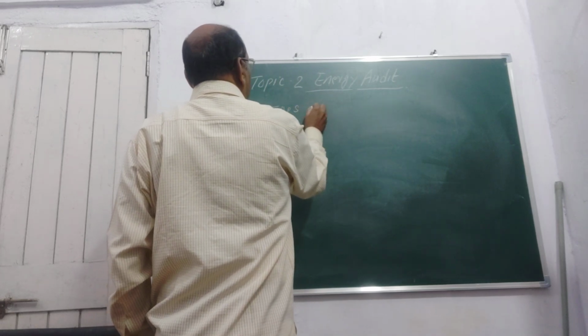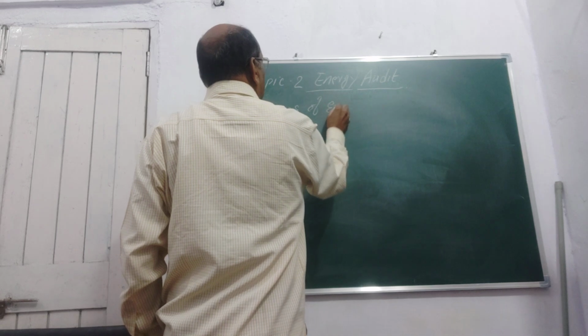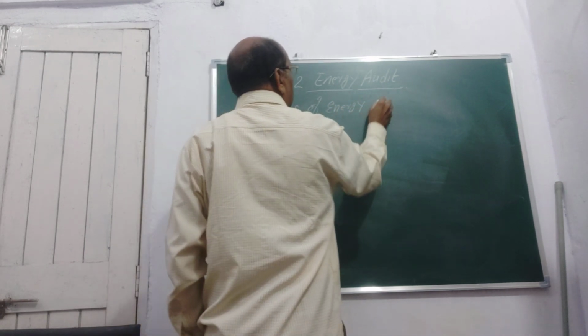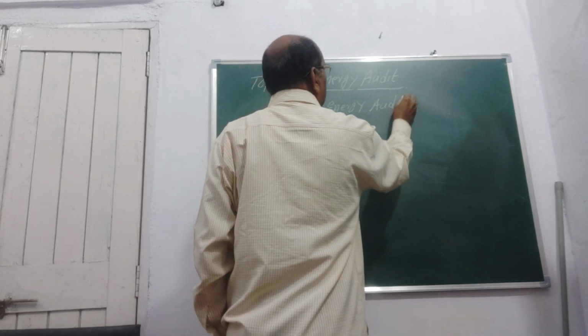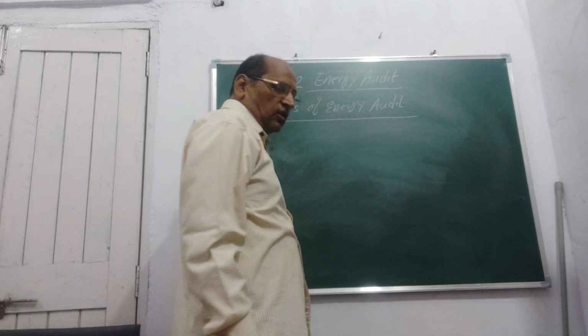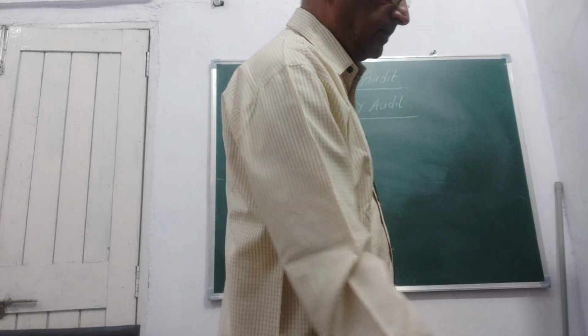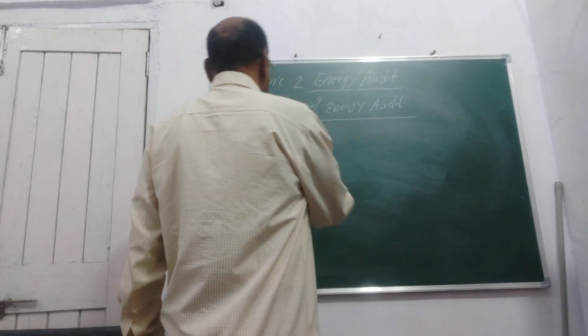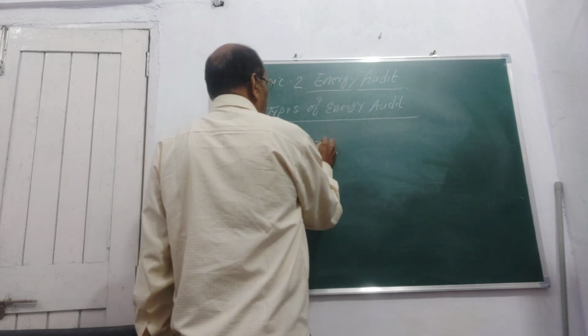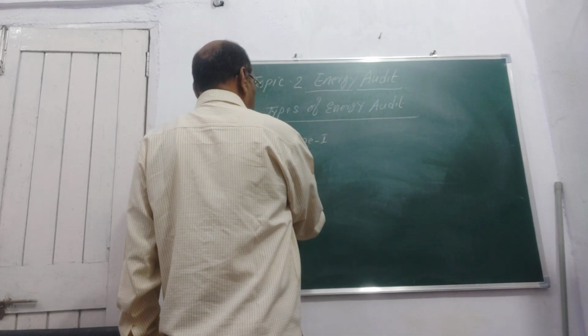Types of energy audit. Energy audit can be carried out in 3 steps. First step, that is known as phase 1. Second is phase 2.